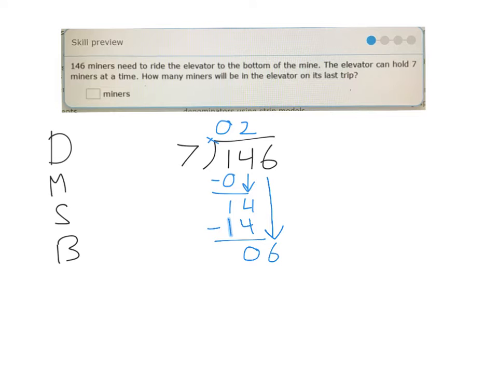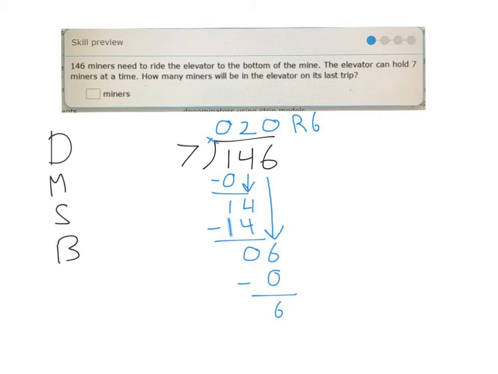How many 7s can I take out of 6? I cannot take a whole group of 7 out of 6. So I'm going to say 0. Multiply now. 0 times 7 is 0. Subtract: 6. Bring down, nothing left to bring down. Remainder, 6.